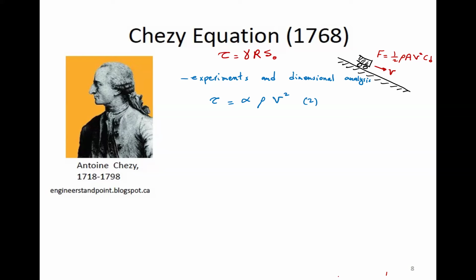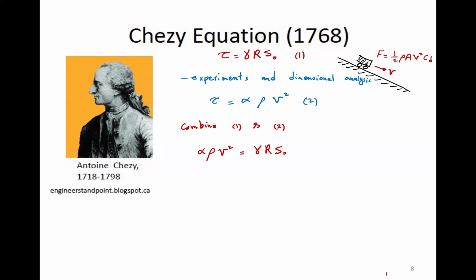The previous one was equation 1, shear stress. Okay, if we combine 1 and 2, what do we get? On one side, we have alpha rho v squared is equal to gamma R S naught.